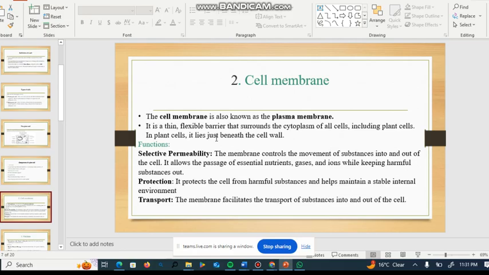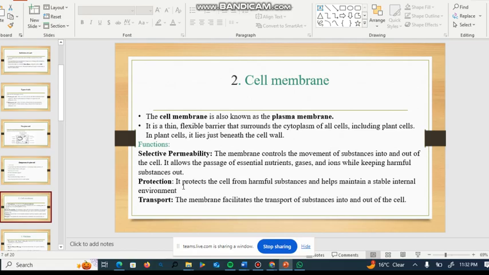Its functions are selective permeability. That is, the membrane controls what passes into and out of the cell. It allows the passage of essential nutrients, gases, and ions while keeping harmful substances out.